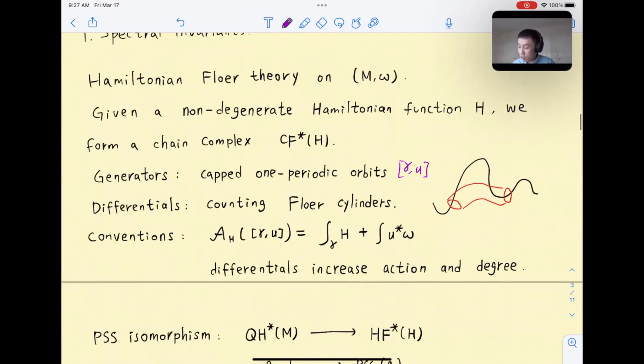I just want to mention our convention on the action function: it is the integral of the Hamiltonian over the orbit plus the integral of the symplectic form over the capping. So both have positive signs. Our differential increases the action and the degree of these generators. That is, we have a cohomological grading and the action filtration is going upward.